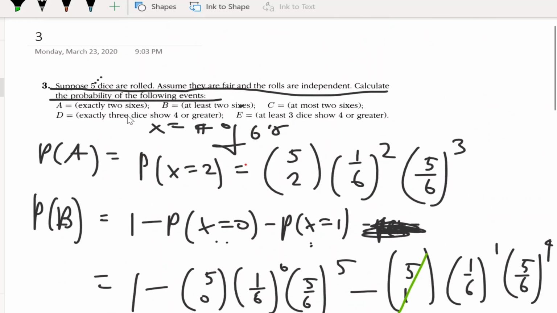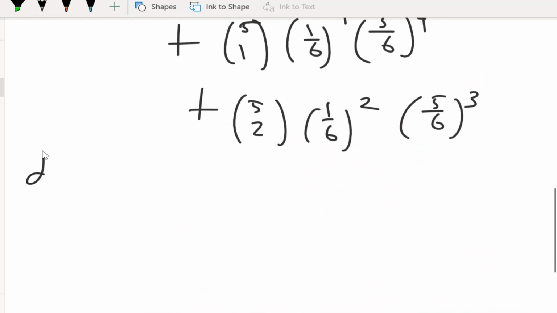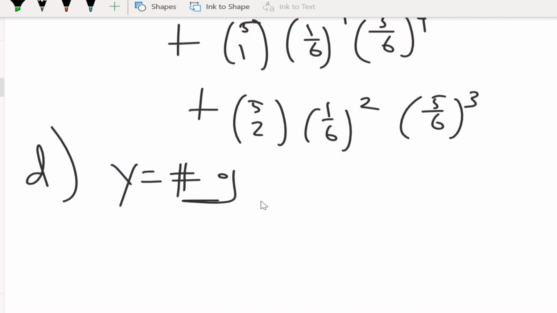Alright, for D, exactly 3 dice show 4 or greater. This one is slightly more interesting, I guess. So we'll say our random variable Y is the number of dice showing 4 or greater.